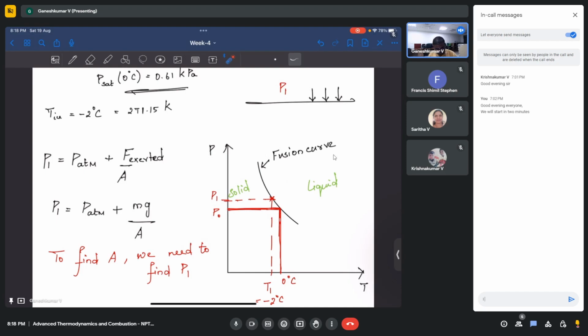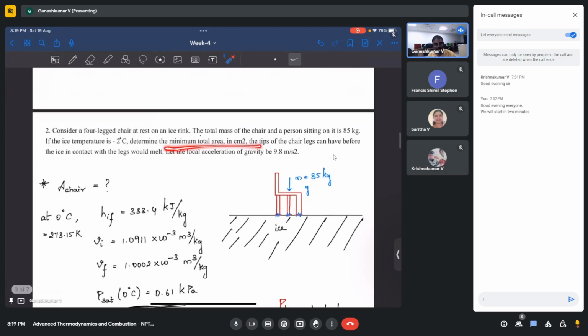So I can have pressures less than P1 to be on the safer side. If you cross the pressure, or have a lesser area, then P1 will increase and your ice starts melting. That's why they ask what is the minimum total area you require.